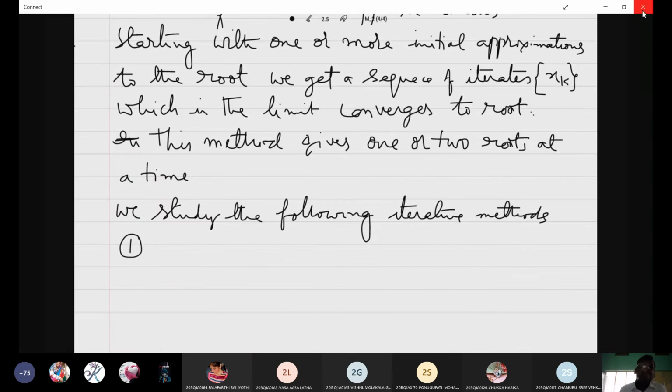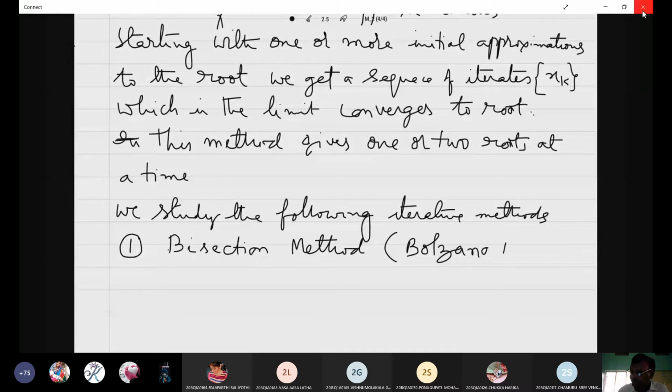Number one, bisection method, or Bolzano's method. This method was invented by a scientist named Bolzano.